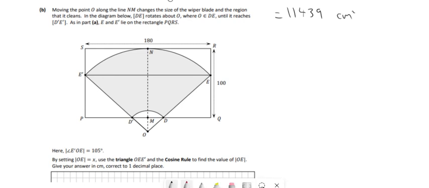Right, for part B then, it's just this right angle triangle here, and it's to use cosine rule anyway. So we're just going to use cosine rule with that triangle. a squared is equal to b squared plus c squared minus 2bc cos a.